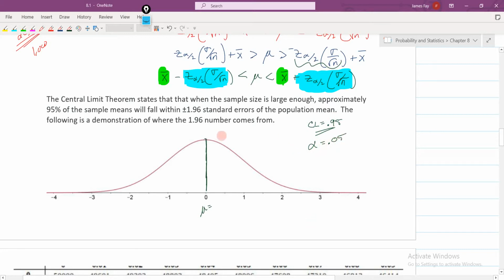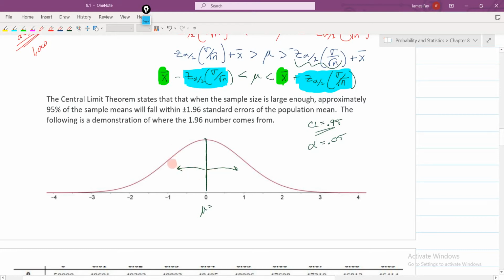So the 95% says that we're going to go 47 and a half in this direction, and 47 and a half in that direction.